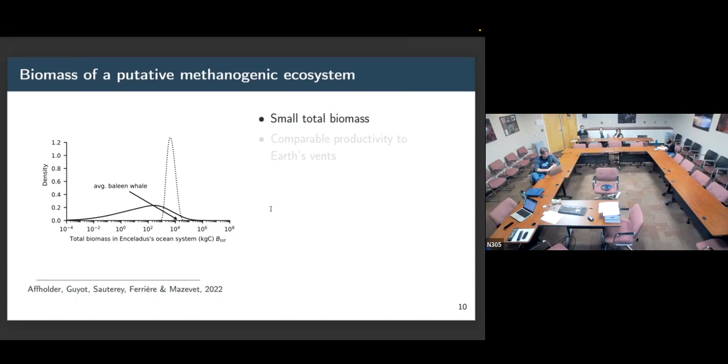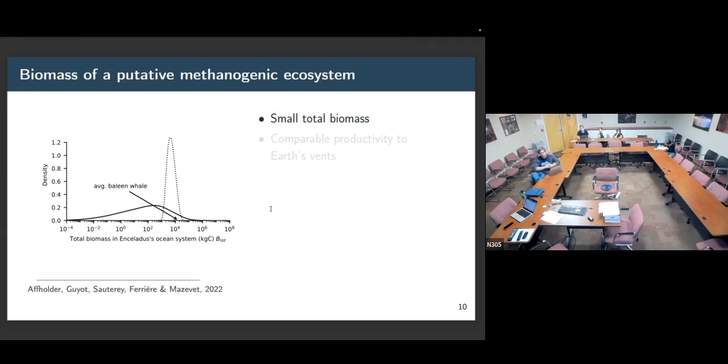So just to say it again, this narrow distribution here is the subset of simulations where the population produces methane in quantities that are the same as those found in the plume. And this population would typically have a size comparable to one single individual whale. So it's actually very, very tiny.